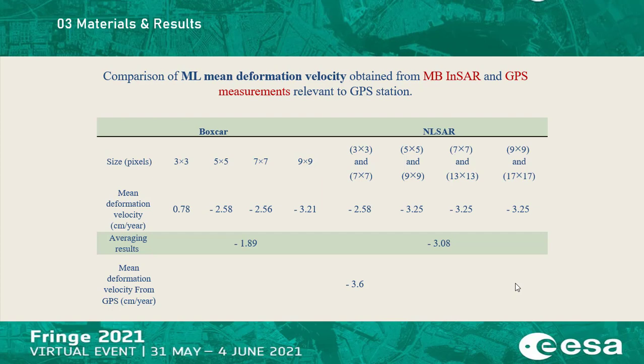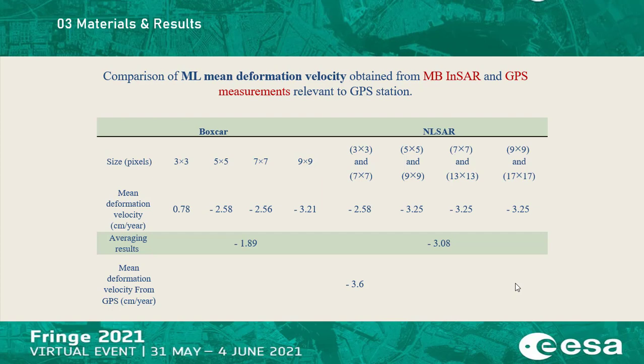From the table, it is obvious that the NLSR approach, with far smaller differences between averaging results and the outcomes of GPS, provides more accurate results, and we can see less sensitivity and variation in the results relevant to the NLSR method when using different window sizes, which makes the NLSR method very authoritative.